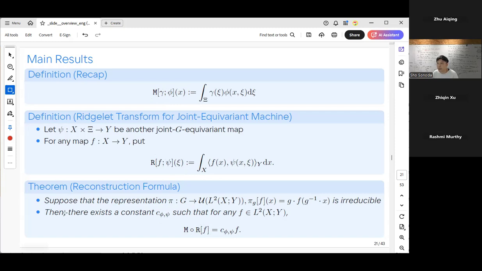This is the main result. And what is this assumption? It sounds a bit technical.